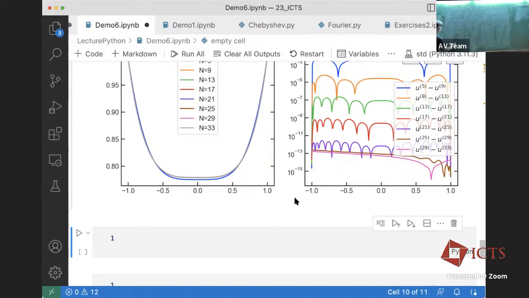So the first line and the last line are also taken away. And what remains then as our A matrix is the stuff in the middle. So A here is an n minus 2 times n minus 2 matrix.